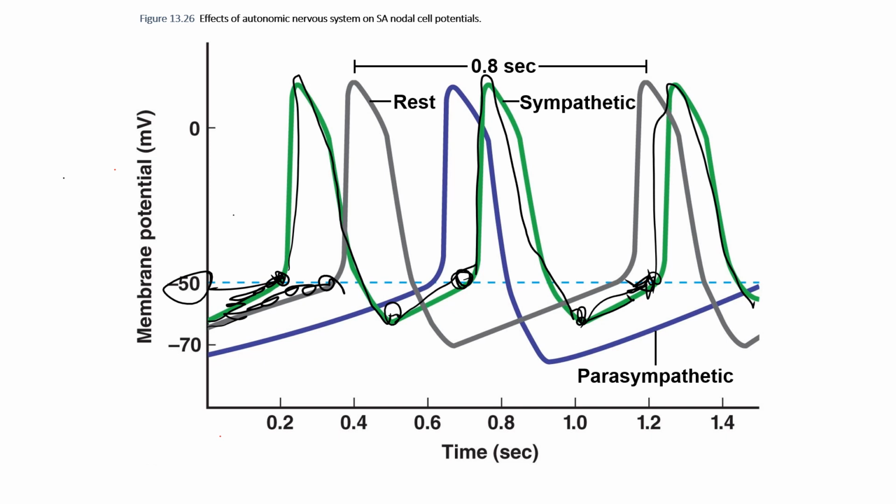When you're engaging in physical activity, when you're anxious, when you're scared, your heart rate goes up. But your heart rate is going up because of this physiological mechanism. Under that psychological experience of being in a situation where you're exercising, where you're scared, where you're anxious, you're running, whatever it is, that causes sympathetic neurons to generate action potentials and release norepinephrine onto the sinoatrial node fibers of your heart.